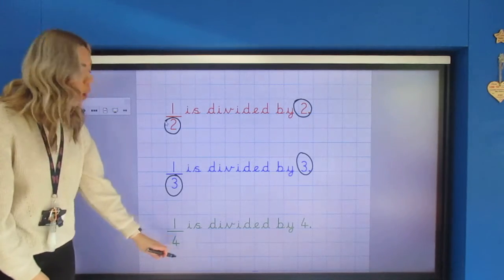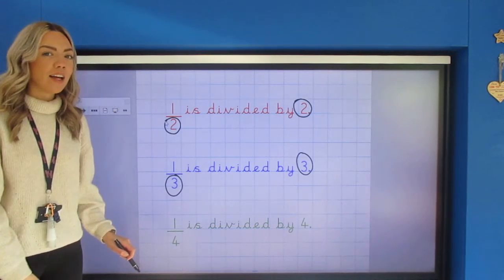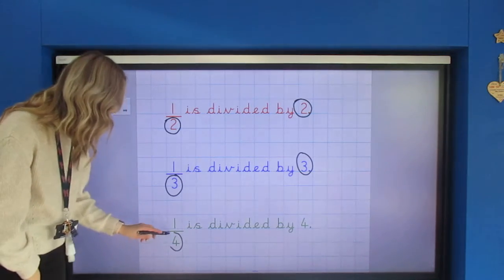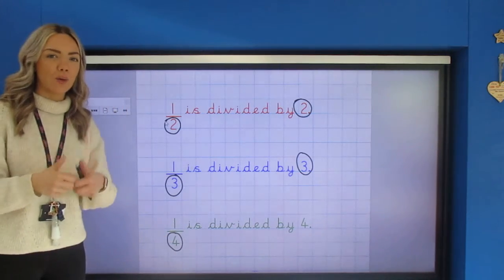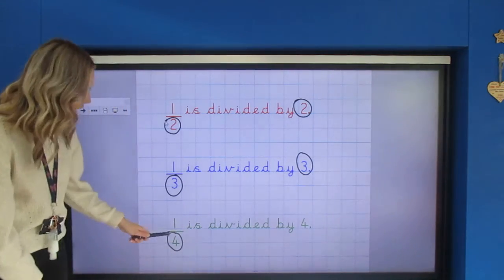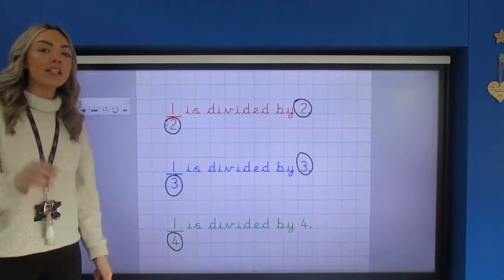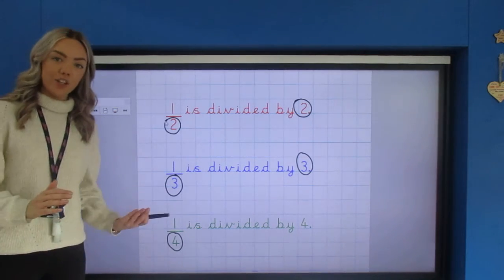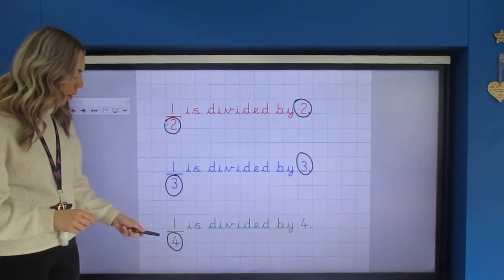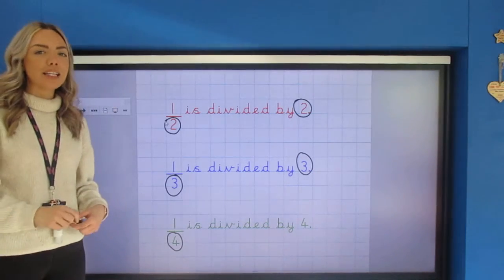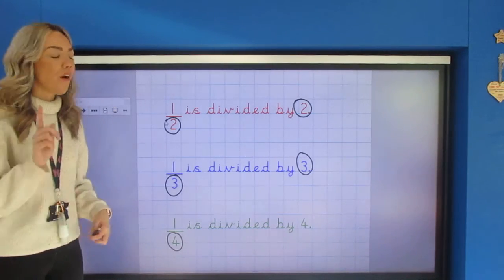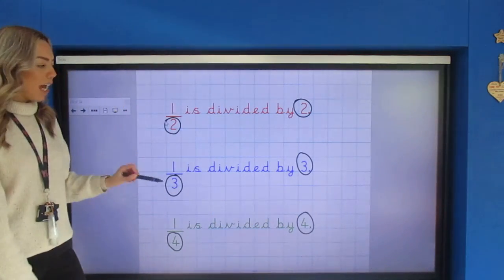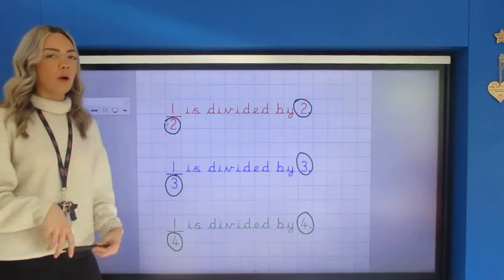So when it's in 4 parts, it is a quarter. Really big thumbs up if you remembered that vocabulary year 1. It is a quarter. And when we need to find a quarter of a number or a quarter of a shape, we know that we must have how many equal parts? 4. Well done.